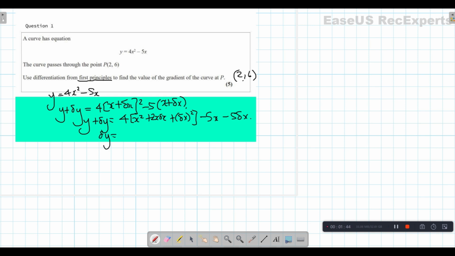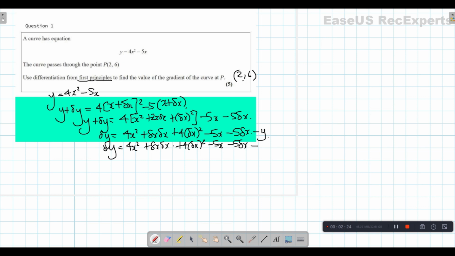So y plus delta y equals 4x squared plus 8x delta x plus 4 delta x squared minus 5x minus 5 delta x. So delta y equals 4x squared plus 8x delta x plus 4 delta x squared minus 5x minus 5 delta x minus y.